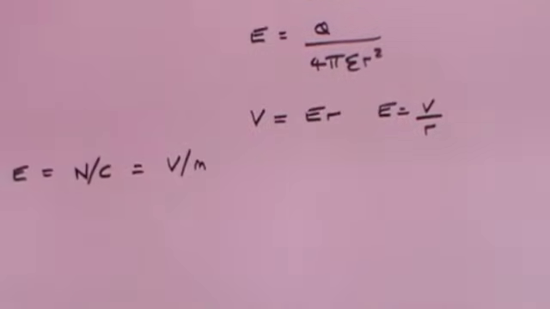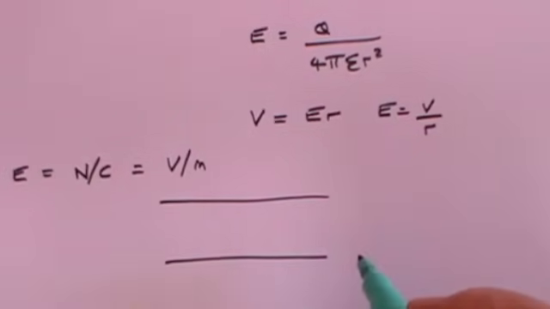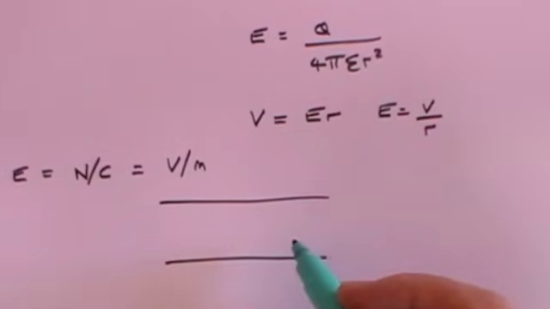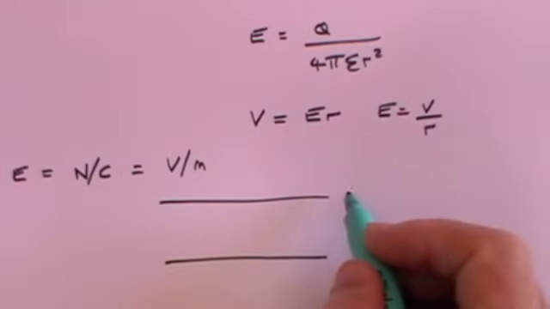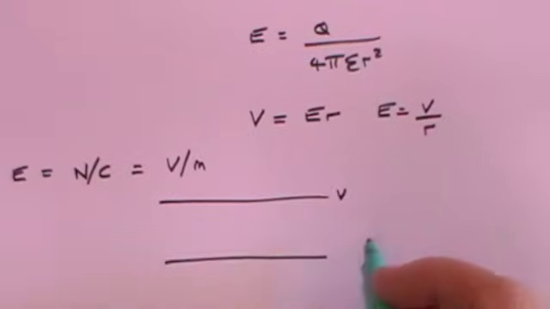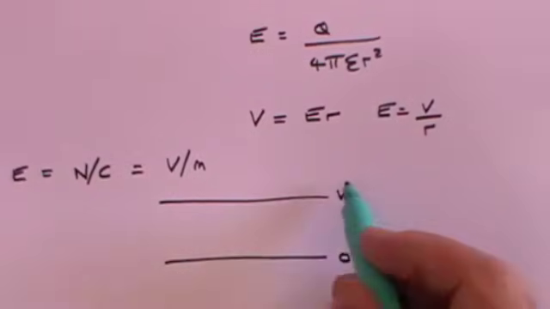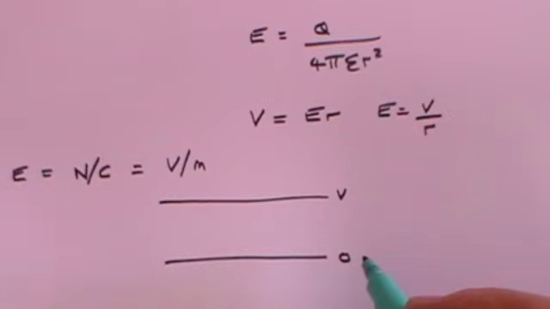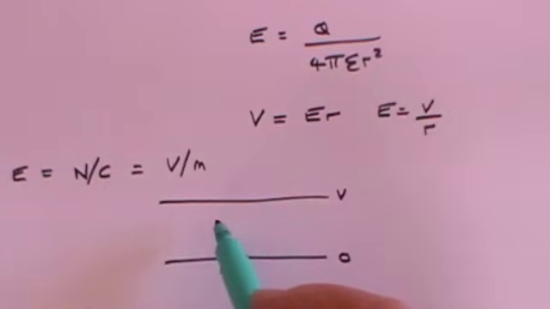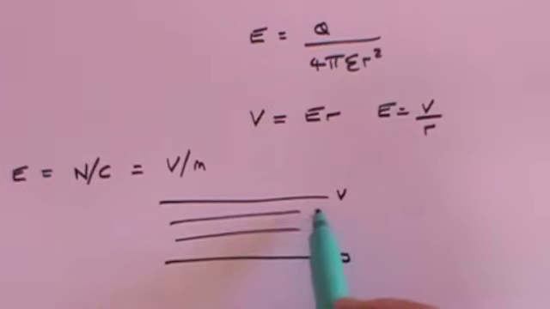So now if we go back to our parallel plates, where you remember the E field between the plates is the same everywhere, then what you can say is that there's a voltage difference, V. Let's say that that voltage is 0 on this plate and we've got a voltage V on this upper plate. The electric field will be the same everywhere, but the voltage will vary according to the distance from this plate.